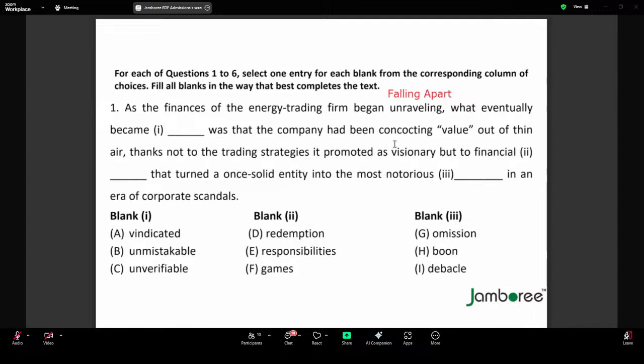All right. So as the finances of the energy trading company began unraveling, which here means falling apart, though sometimes unravel can also mean that something is becoming very clear. But here it looks like unraveling, or became clear, let's just say. What eventually became clear was the company had been concocting value. So concocting is to create or falsify.